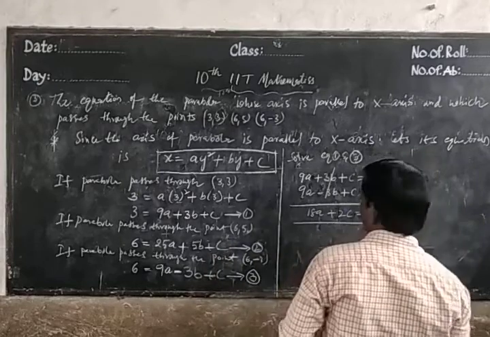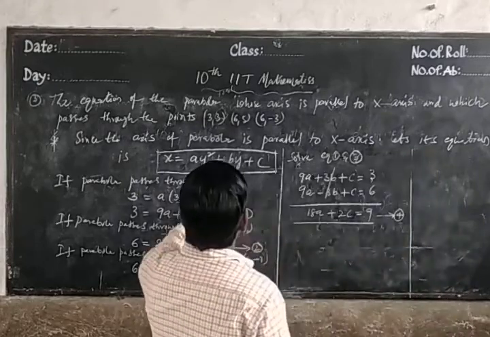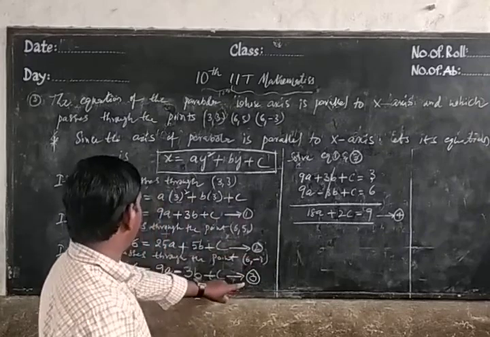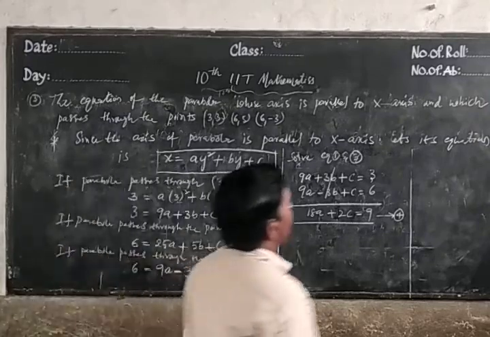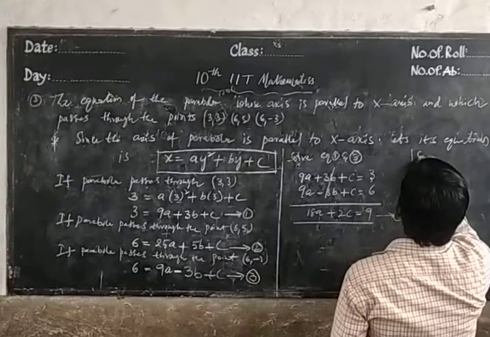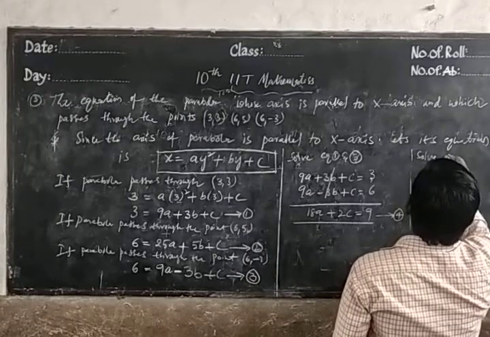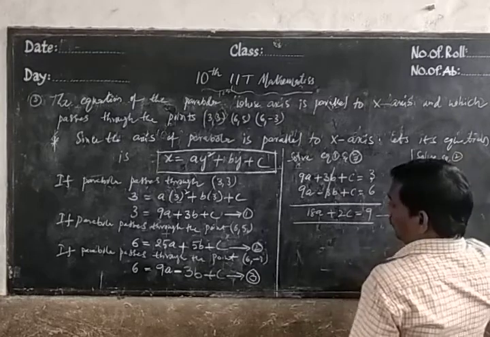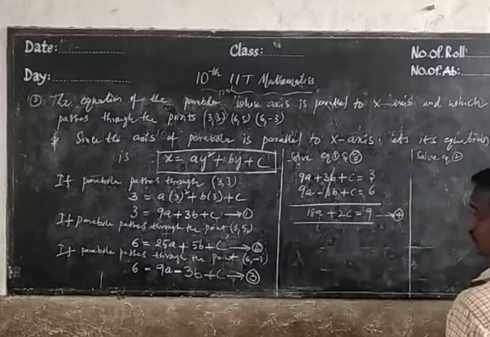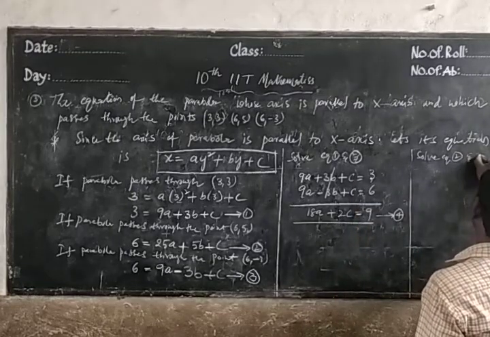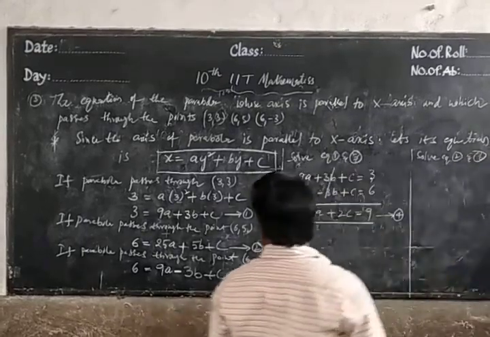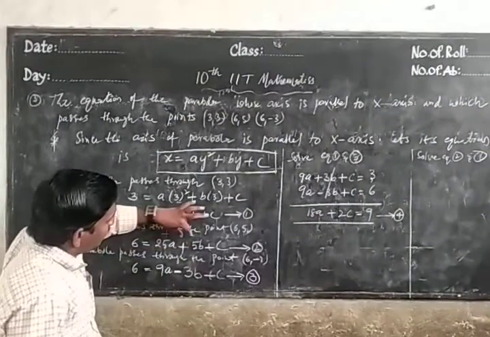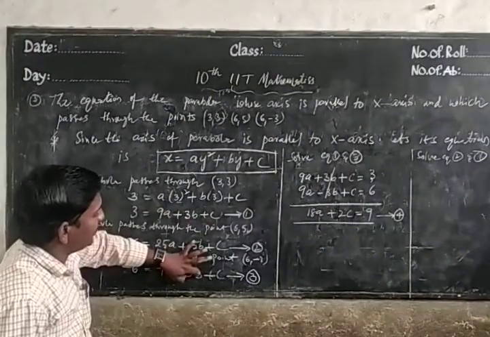Now solve equations 2 and 3. Okay. Try to cancel b value. Here plus 5b, here minus 3b.